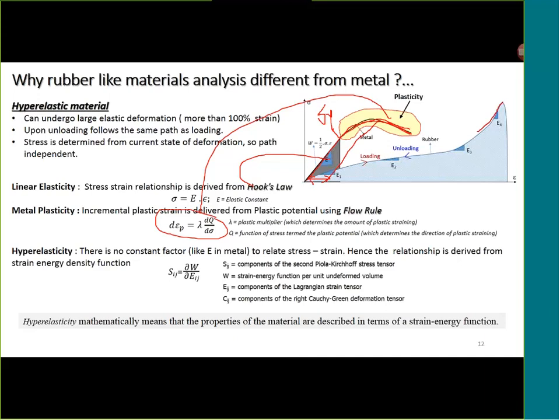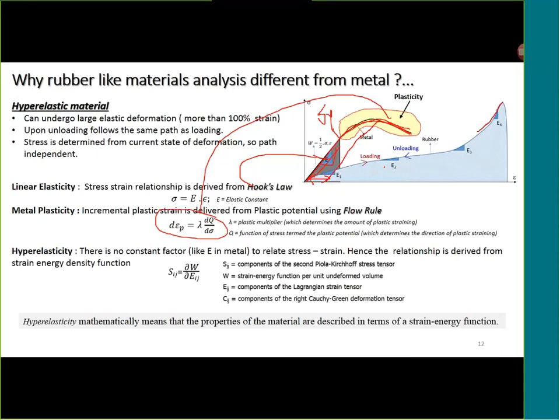So the first difference to keep in mind is that for metals in the elastic region, there is only one slope which can characterize the entire stress strain behavior, that is the Young's modulus. For a rubber kind of material, though the response is elastic, along the load path there is no single slope or single elastic modulus which can relate the stress and strain.